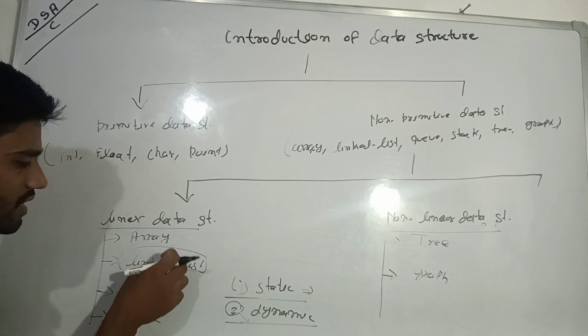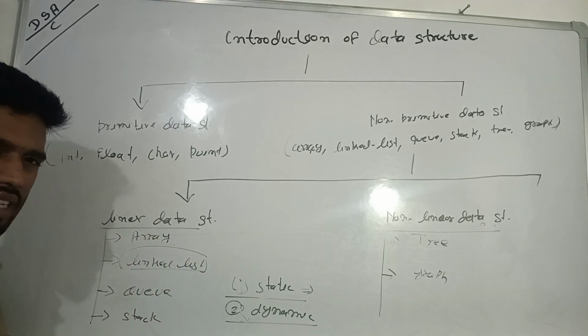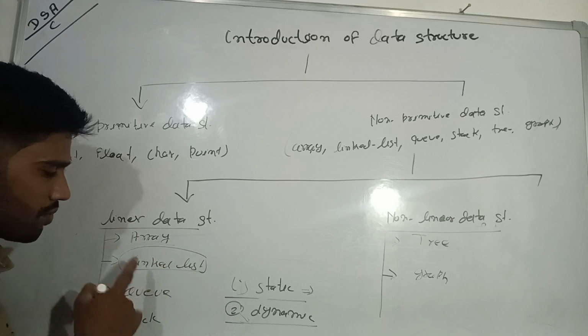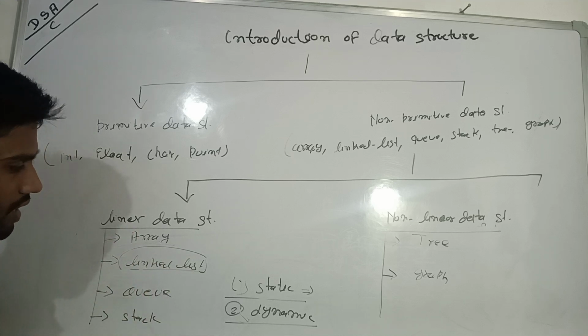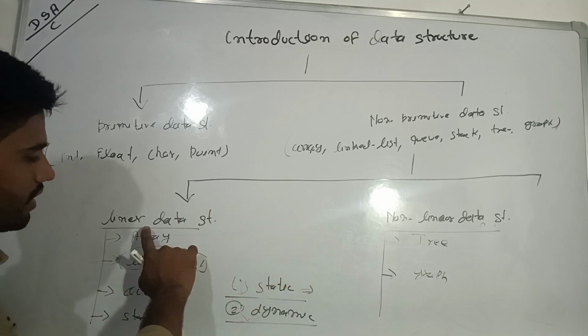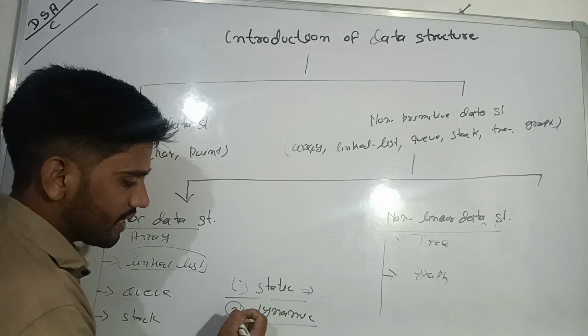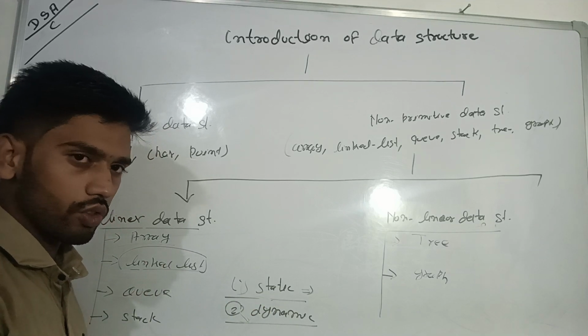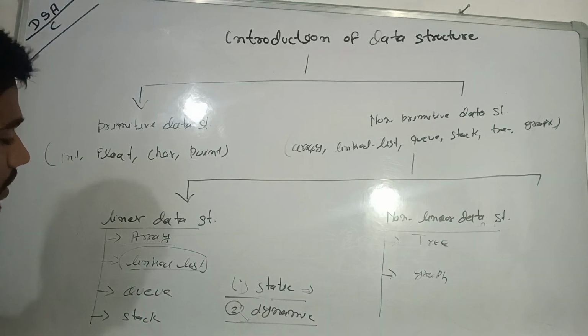A linked list is like an array, but in the array size is fixed, and in linked list size is not fixed.